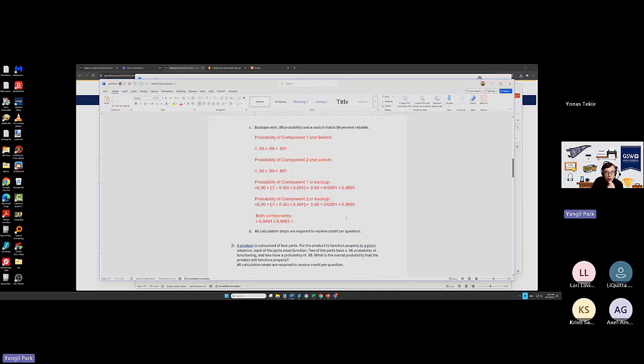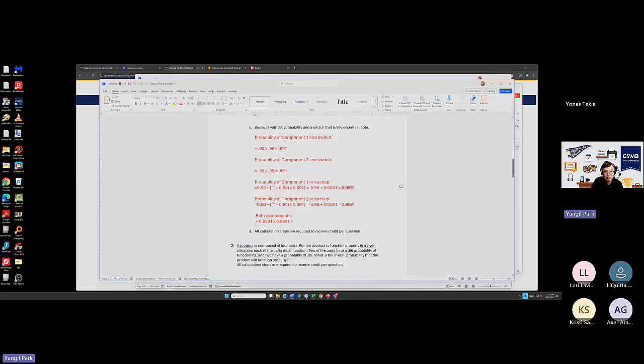Then we do the same thing here. This is the main probability. Then this is the case when main fails, and this is the probability that the backup works. Then you find the probability that one or the other works.